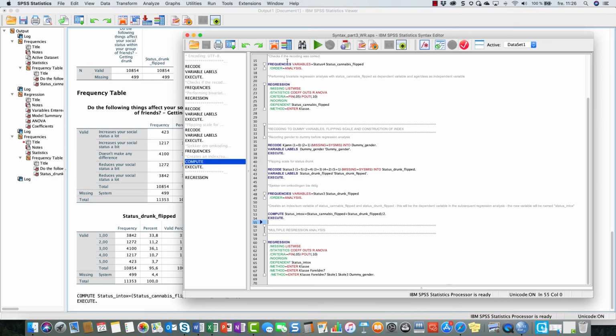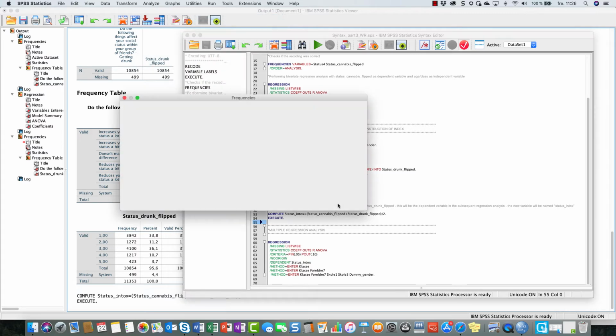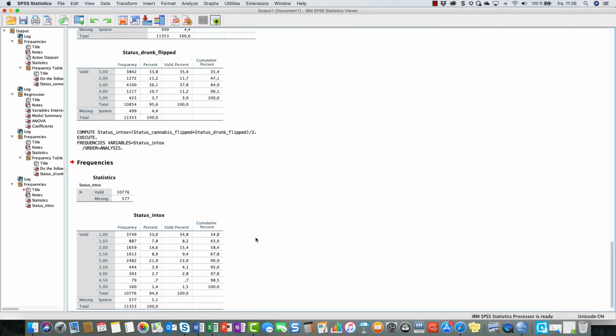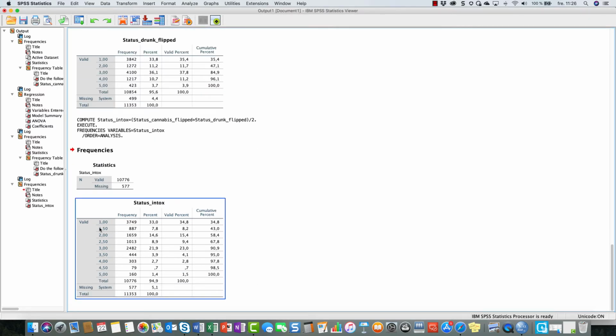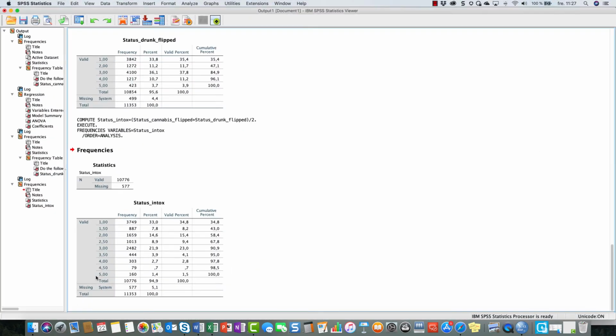I can actually show you if you want to. I can run a frequency. I'm not going to paste it, but I can show you. So you see here, you got this 1.5, 2.5, 3.5, 4.5. So it still goes from 1 to 5, but it's more fine scaled because you get the decimals as well. And if it was 3, you would get even more decimals.